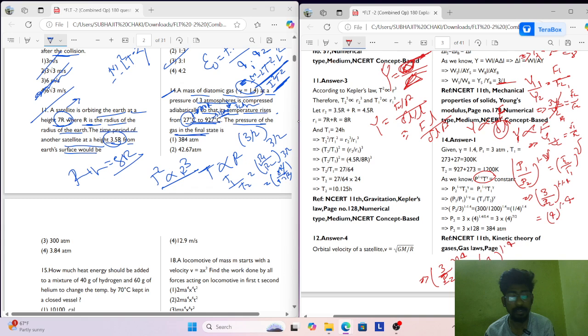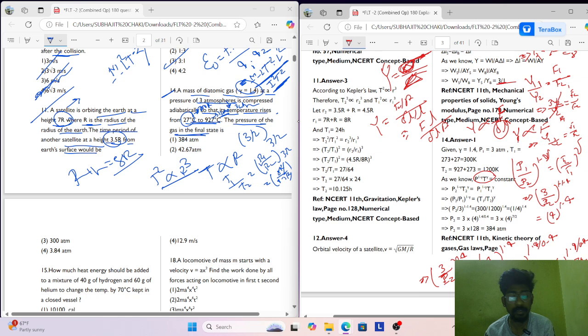Now P2 will be equal to what? 3 into 4 to the power 1.4 divided by 0.4. So 1.4 divided by 0.4 means 7 by 2. 4 to the power 7 by 2, the power of half means root.